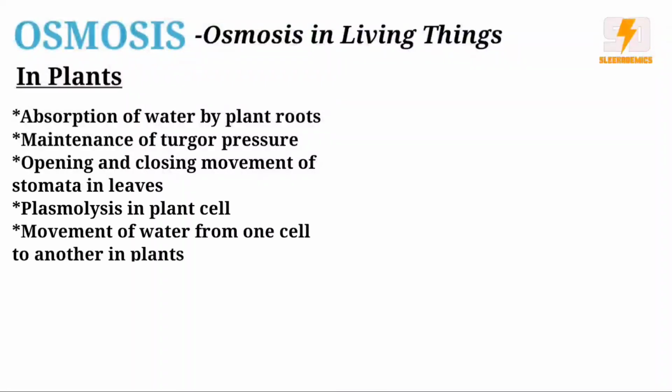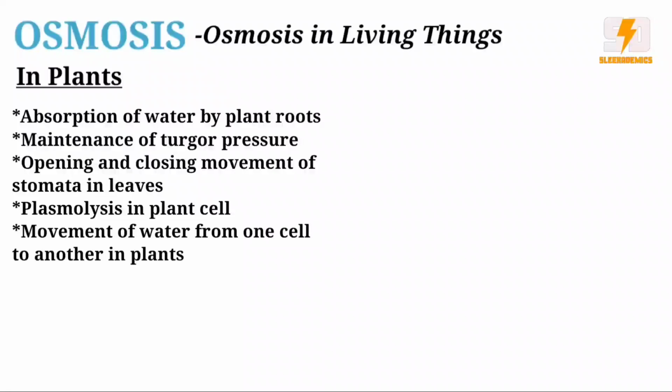Now, let's take a look at some examples of osmosis in living things. Living things here, we are looking at plants and animals. Some examples of osmosis in plants include absorption of water by the root hairs of the plant, maintenance of turgor pressure, opening and closing movement of stomata in leaves, plasmolysis in cells, movement of water from one cell to another in plants.